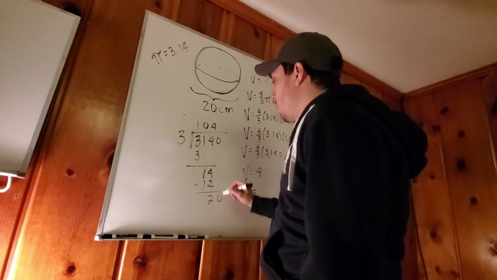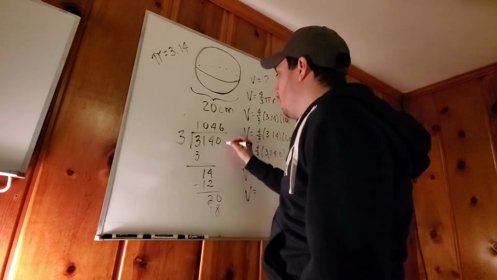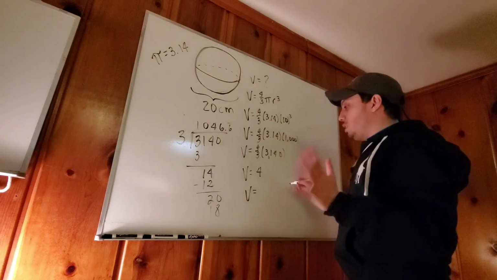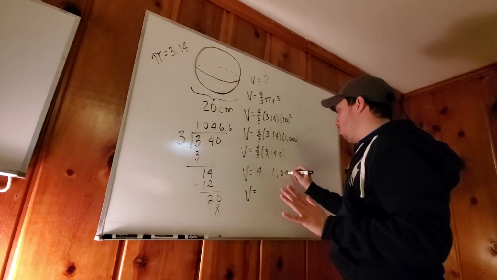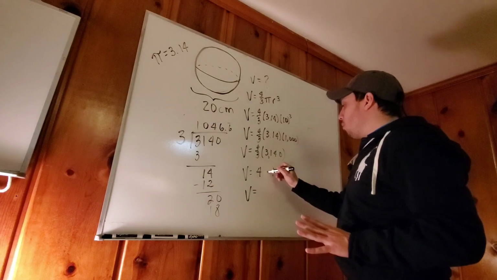And in 20 it fits 6 times, 0.6 bar. So it's going to be about 1,047. And then we're going to multiply them by 4.